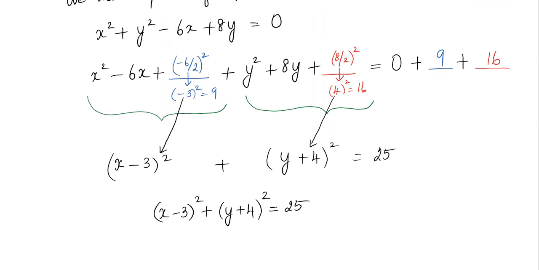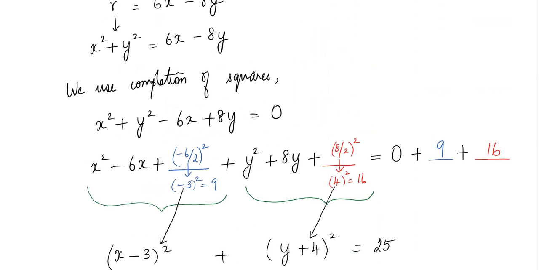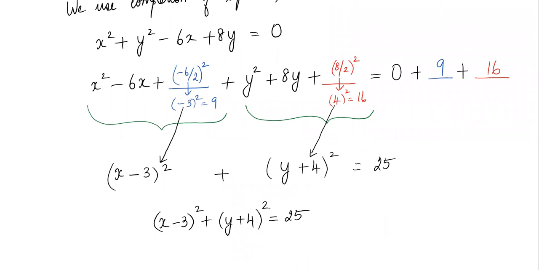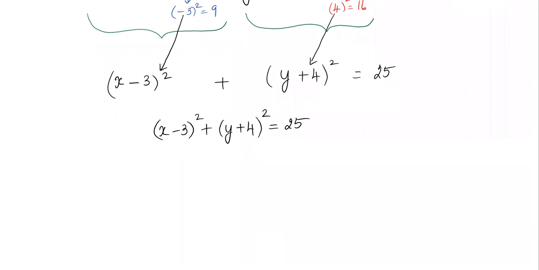Okay. I always like to go back and quickly check the signs. Got that? And what do you think this is? Interestingly, this is also the equation of a circle. But this time we have a specific center and radius.